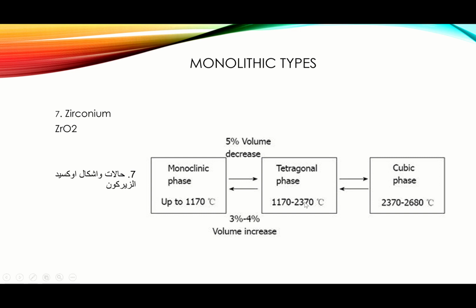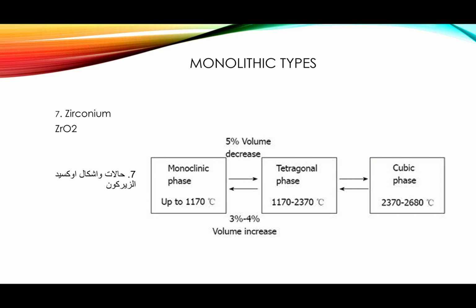It will get a different shape, which is tetragonal. When you heat it above 1170, let's say between 1170 and 2370, in this range of heat for zirconium, the molecules will look tetragonal, which is very desirable for us.